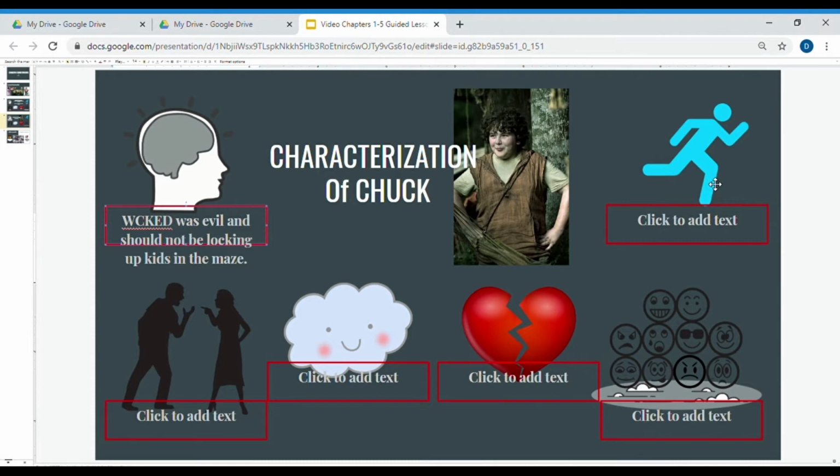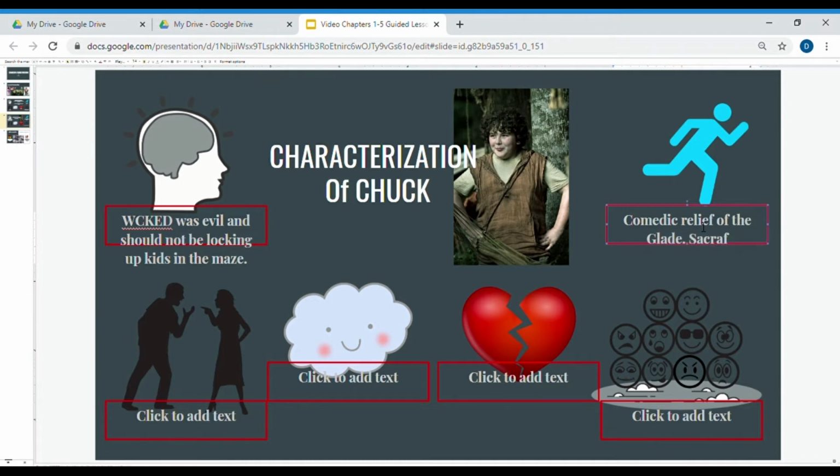Over here, our little blue running man, action. What are some things that Chuck did? Well, he was the comedic relief of the glade. He was the funny guy. And then most importantly, the biggest action that Chuck took during the Maze Runner was obviously at the end when he sacrificed himself.